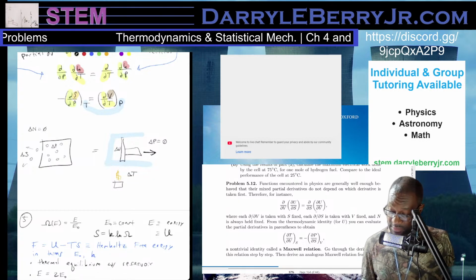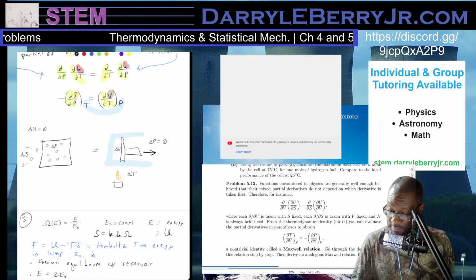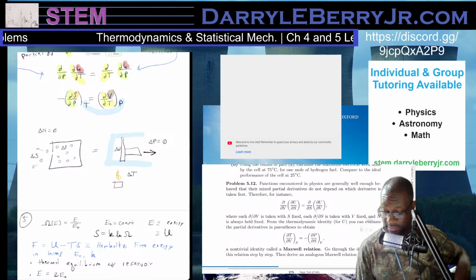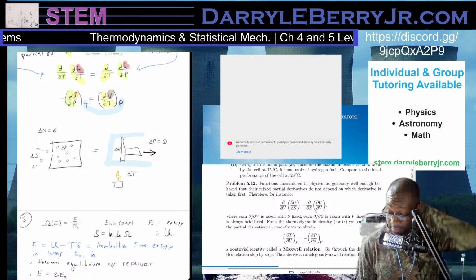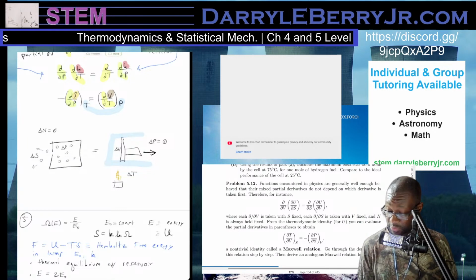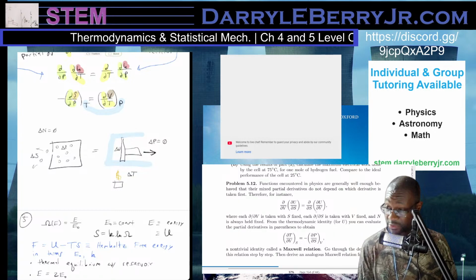So perhaps this is what this means: the values that we get for this can be equal depending on how volume changes and temperature changes versus how entropy changes and pressure changes.